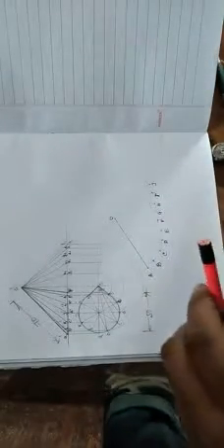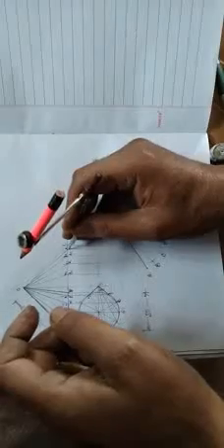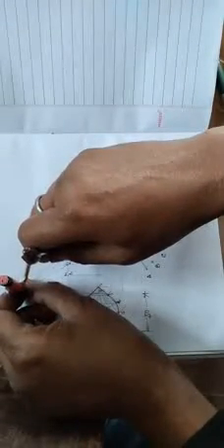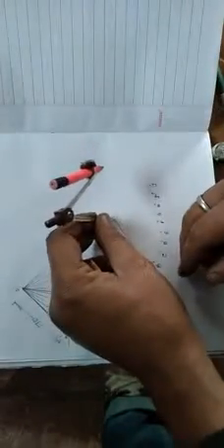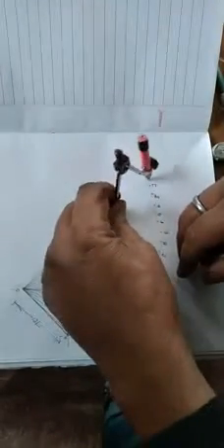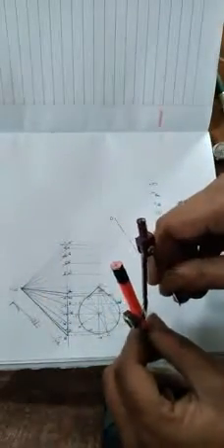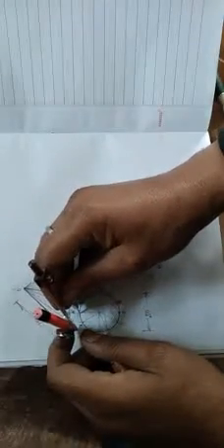Then you have to take the point K. Next we have to measure OK. So from O, draw an arc here, the length OK, and take the length JK.